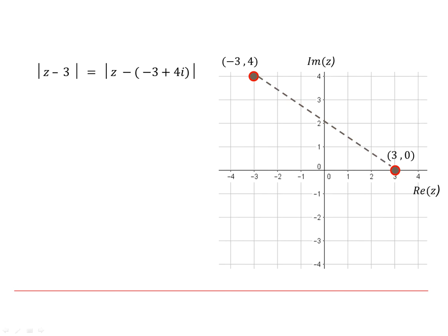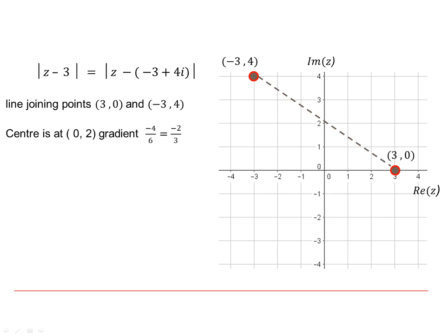So the first thing to do is to find the centre of that, and we can see that the centre of that point is at (0, 2), and also the gradient of that line, if we calculate that, is negative 2 over 3. Well, the perpendicular bisector must go through that centre point and be of a gradient equal to 3 over 2. So that's using the idea that the gradients multiply together to give us minus 1.